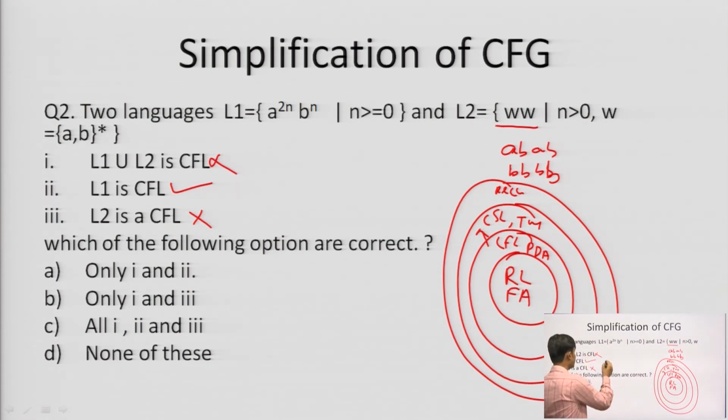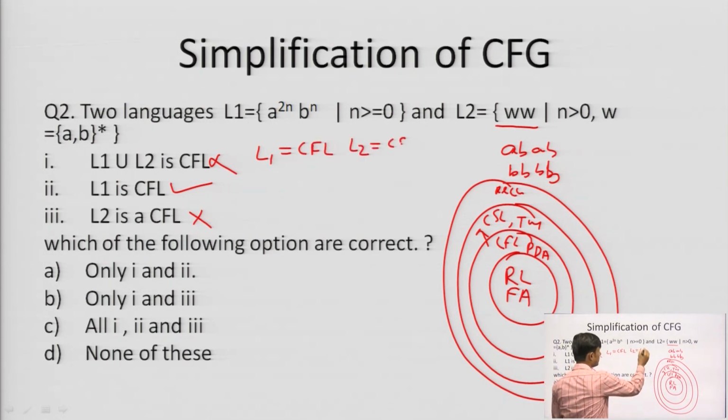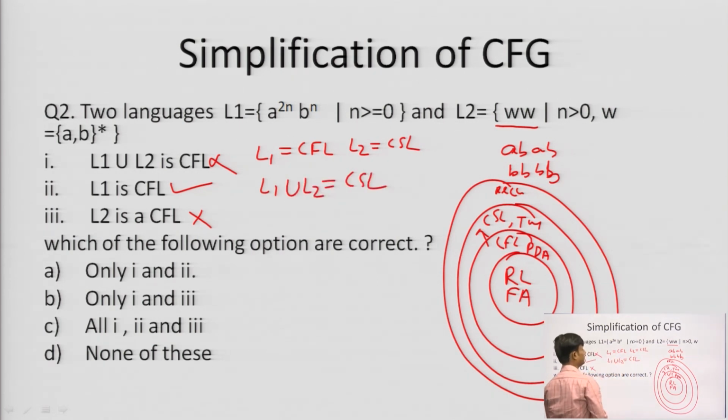So, you can say L1 is a CFL and L2 is a CSL. So, L1 union L2 is a CSL, and it cannot be a CFL. Which option is correct?